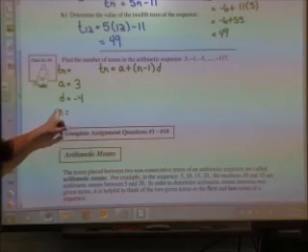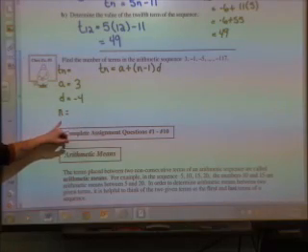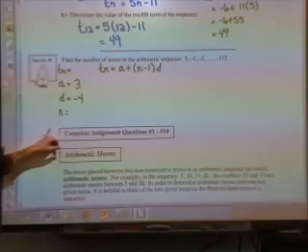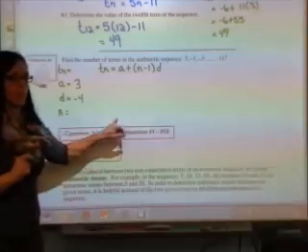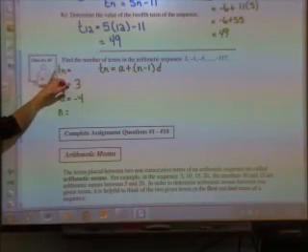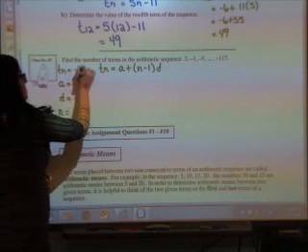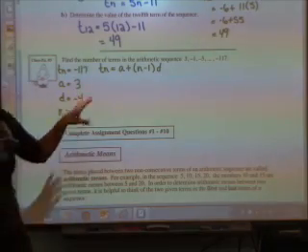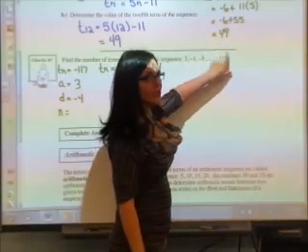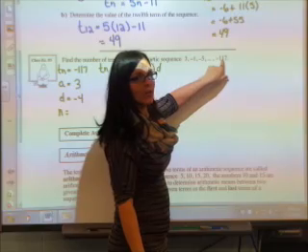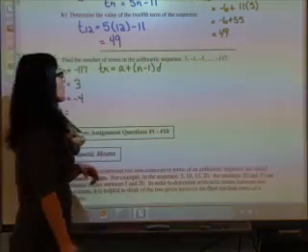Do I know what n is? Because n represents the number of terms. Do I know how many terms I have? T of n, do I know what the nth or the last term in my sequence is? So I do have a value, because the T of nth term is the numbered term that I'm looking for. So it does match up.